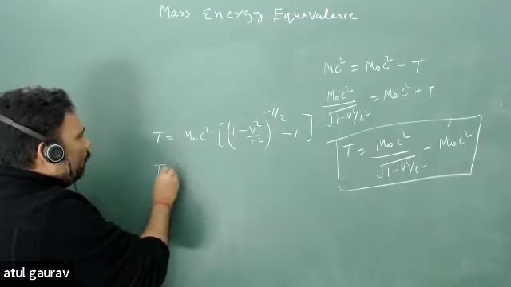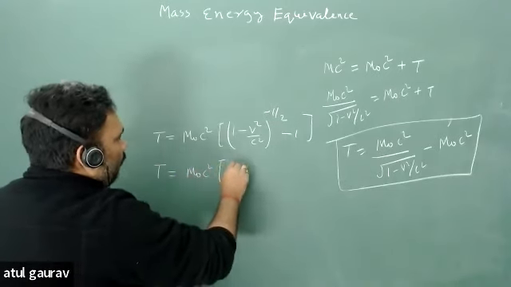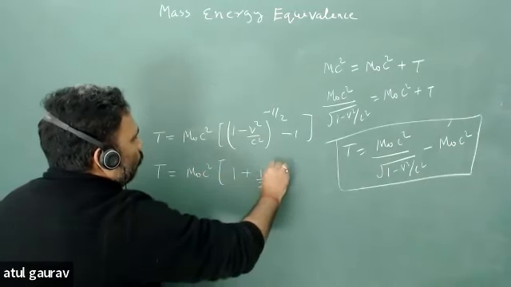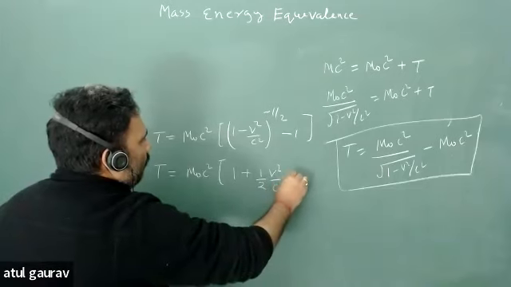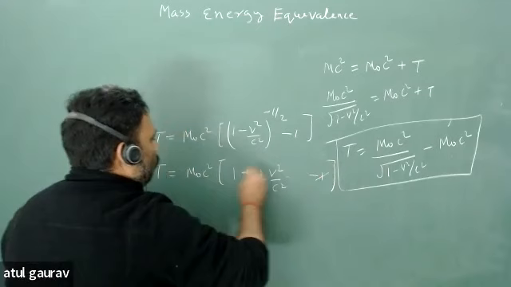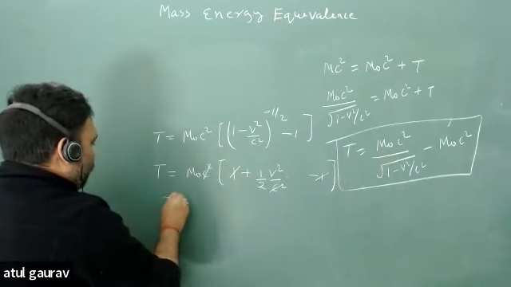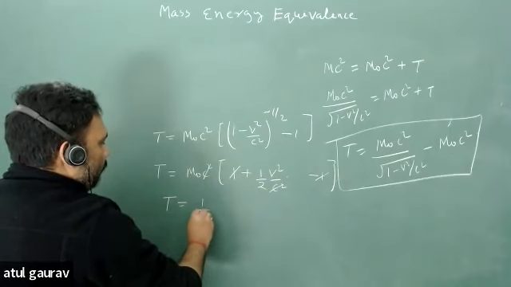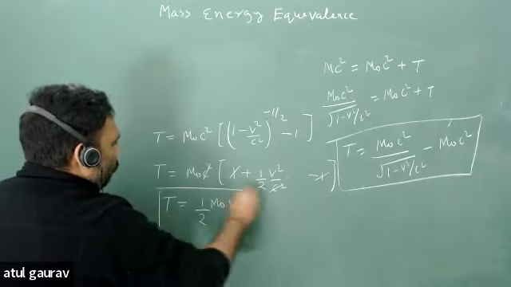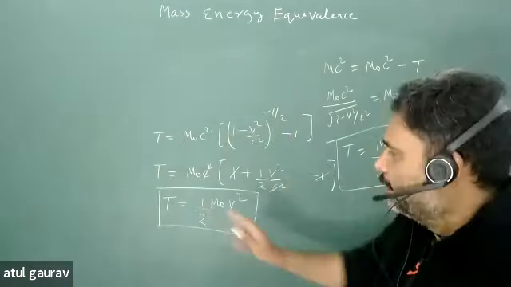So this T is equal to m naught c square times (1 plus 1 by 2 v square upon c square), and now we can neglect higher order terms. Minus 1 is also there. This 1 cancels, this c square cancels, and this T is nothing but half m naught v square, which is nothing but the kinetic energy of the Galilean. Isn't it?